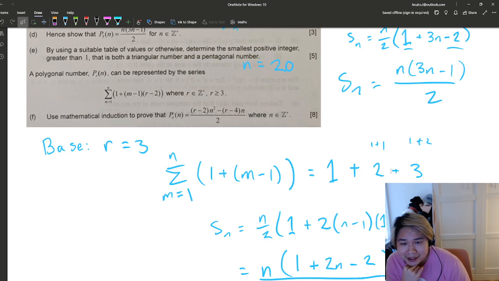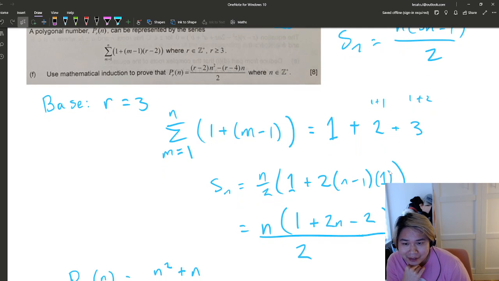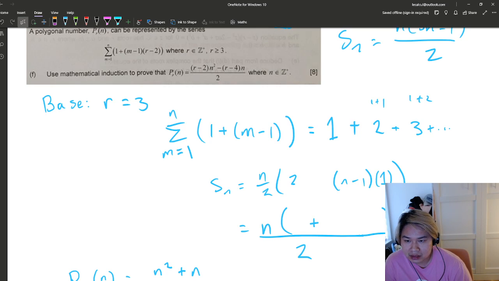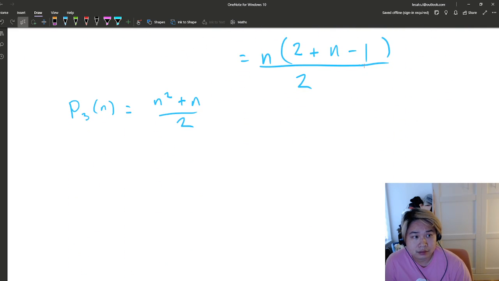Let me just double check that I got the right numbers here. Oh, I messed up the formula. Oops, my bad. This is 2 times T1. So this is 2 plus. There you go. Okay.